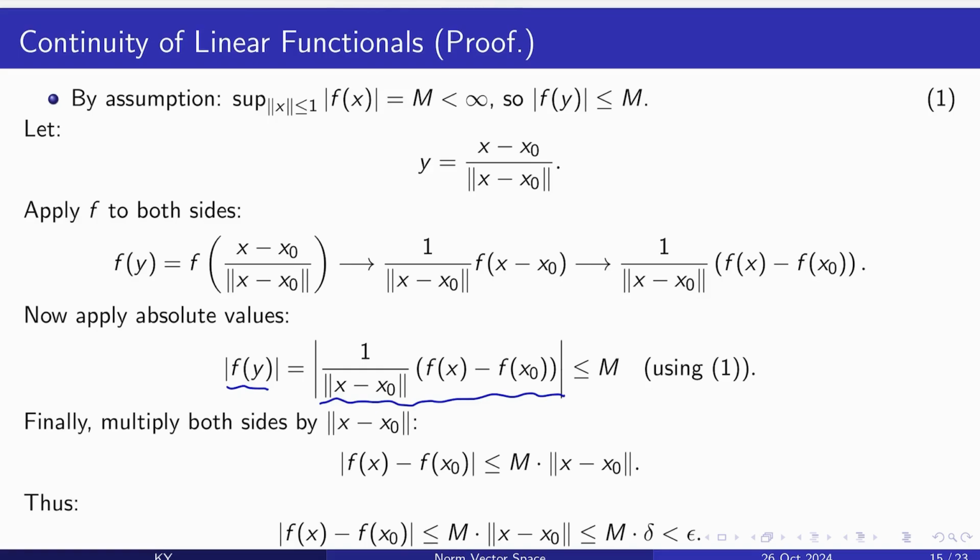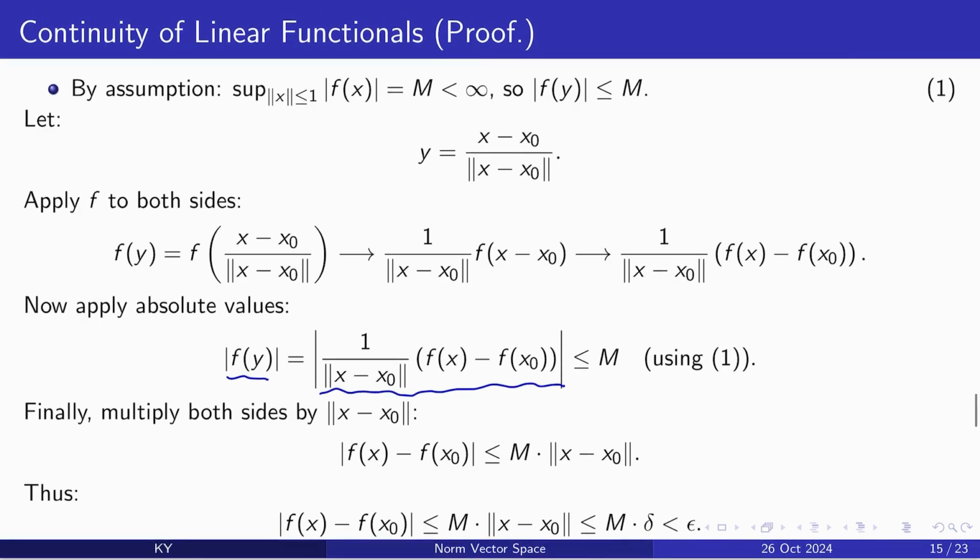Then we multiply both sides by the norm of x minus x naught for this guy. Then what we end up with is this guy right here, which you can see very clearly.